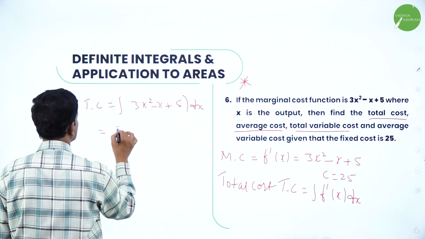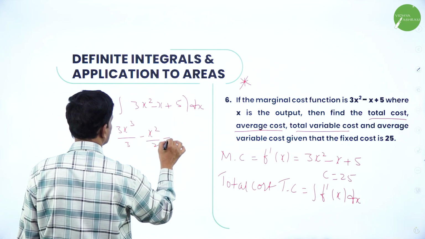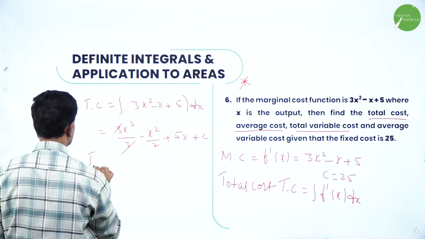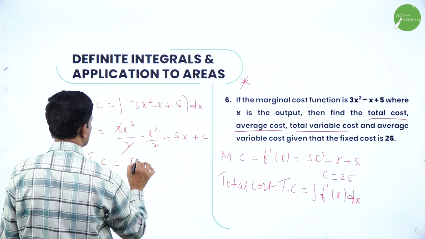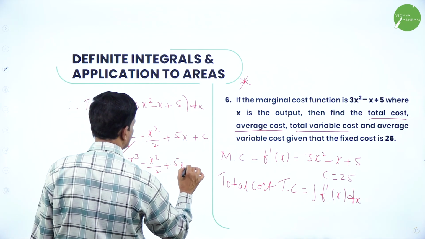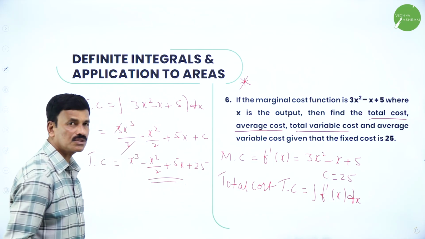Now integrate it: 3x cube by 3 minus x square by 2 plus 5x plus c. 3 and 3 get cancelled. Total cost is equal to x cube minus x square by 2 plus 5x plus c. What is c? C is equal to 25. This is the total cost.